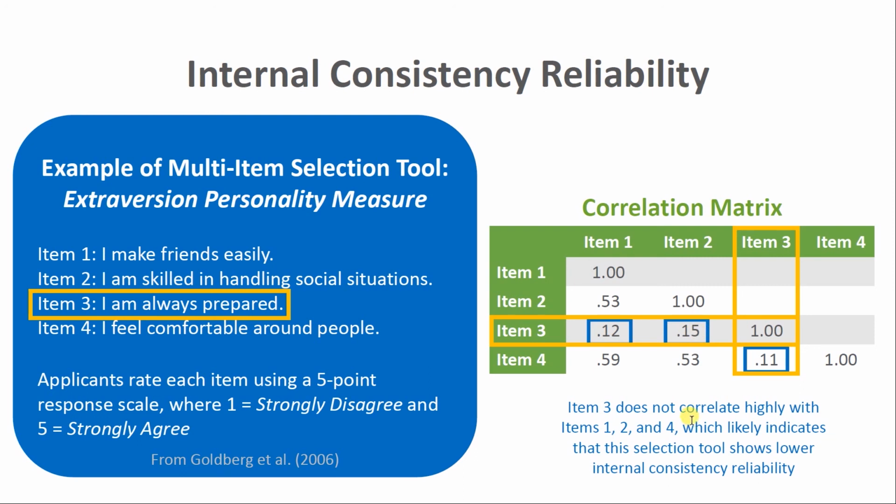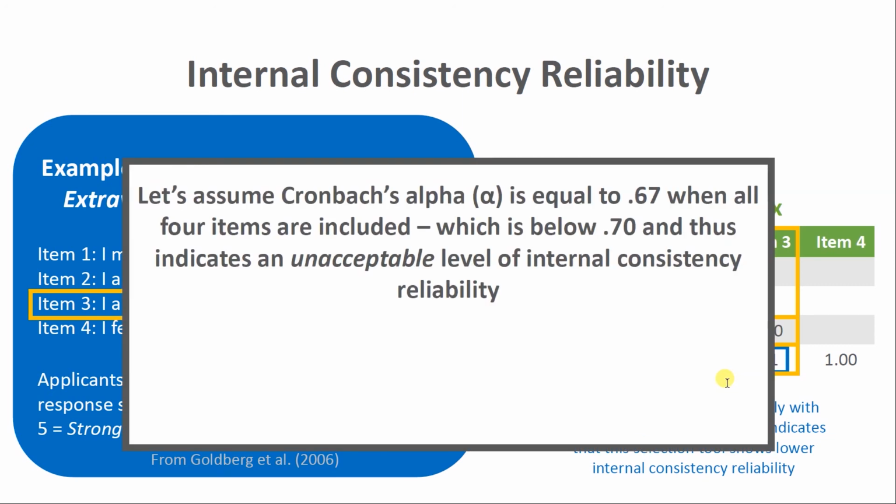So what this means is that item 3 is both conceptually inconsistent and empirically inconsistent with the other 3 items. And in fact, if we were to estimate Cronbach's alpha, which is a common way of estimating internal consistency reliability, we would find that Cronbach's alpha is equal to 0.67 for all 4 items when they're included, which if you recall would be below that 0.70 threshold or cutoff that we use to determine whether or not a selection tool has acceptable or unacceptable levels of reliability.